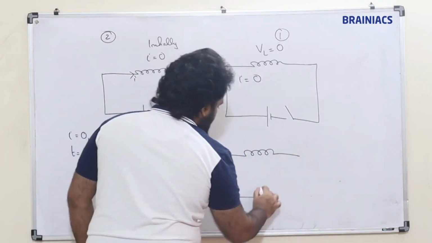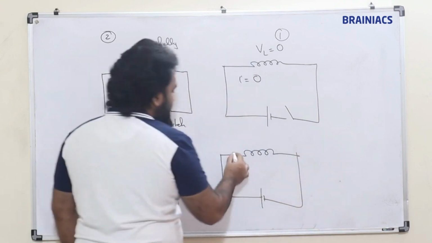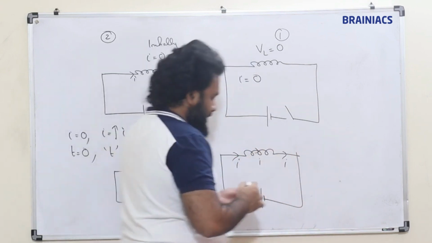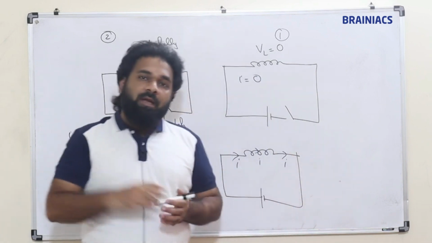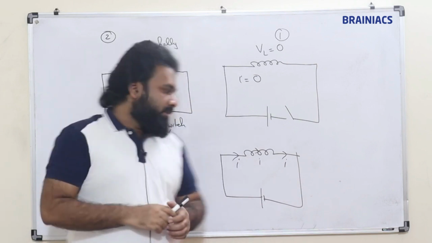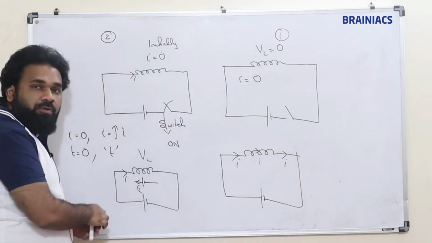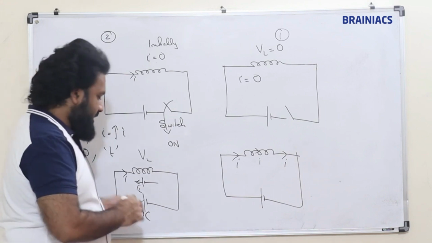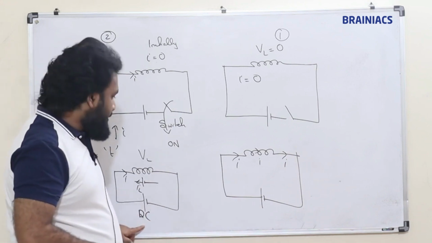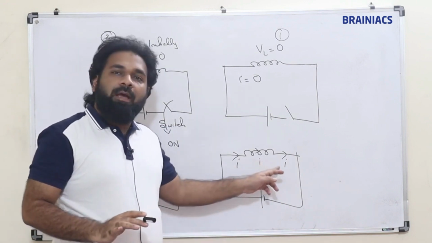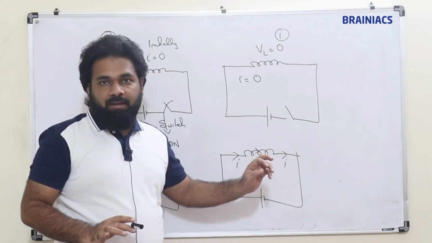Now the current is moving here, current reached here. Now once the current starts moving inside the inductor, this is a DC source, that is, this supplies only constant current. So later this will become a constant current.